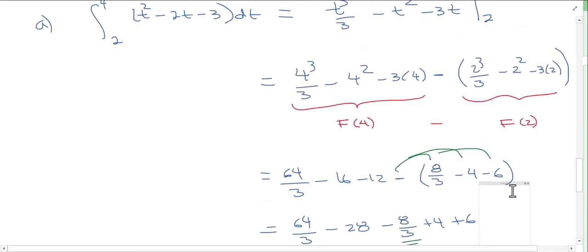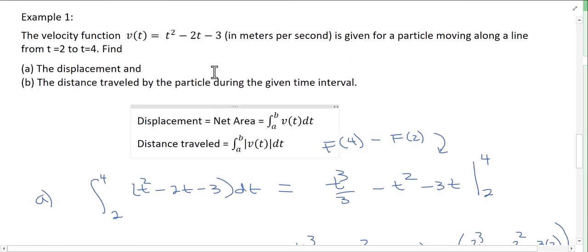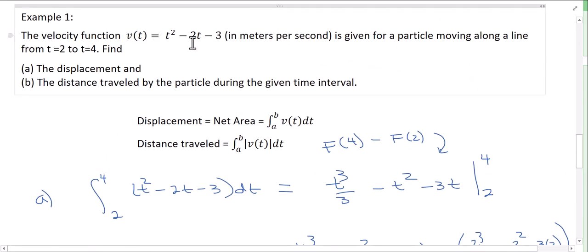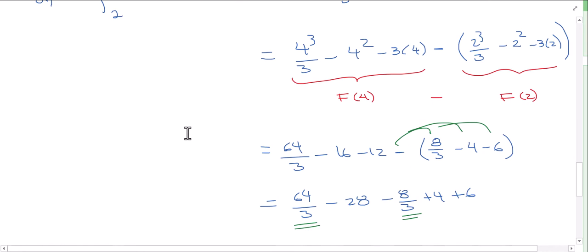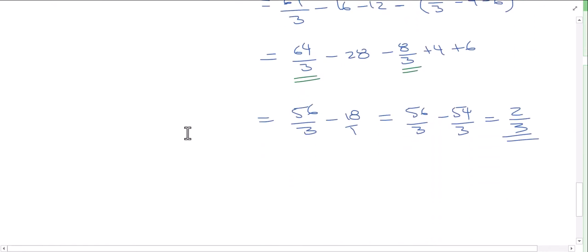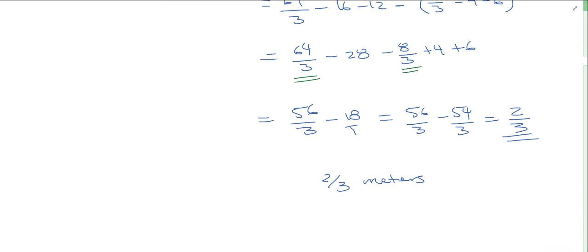What are our units? So meters. The velocity was given in meters per second, and remember when you do the integral of the rate of change, you get the integral velocity is distance, so this is the distance. So the particle moved 2 thirds meters from its starting position.